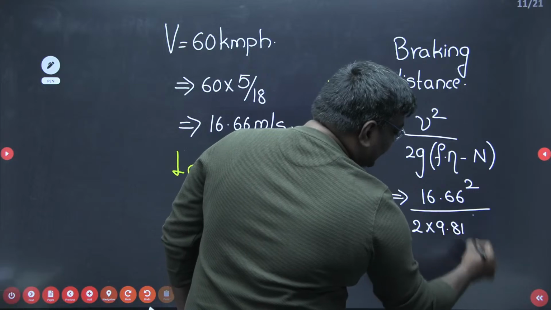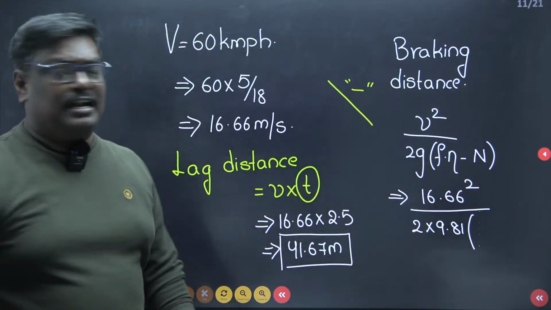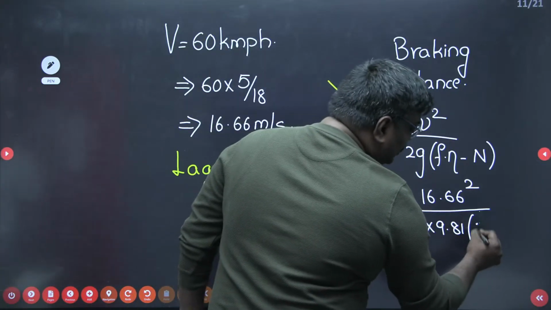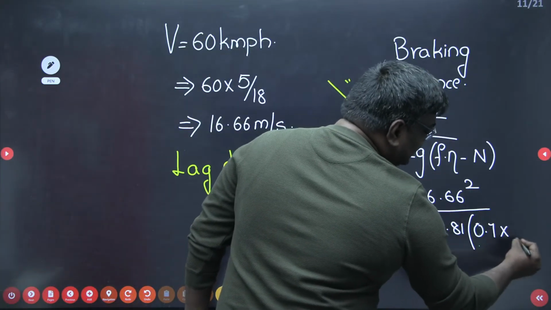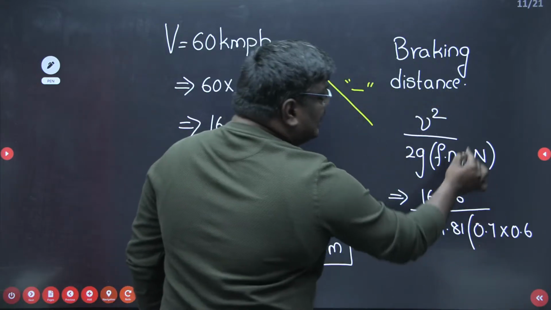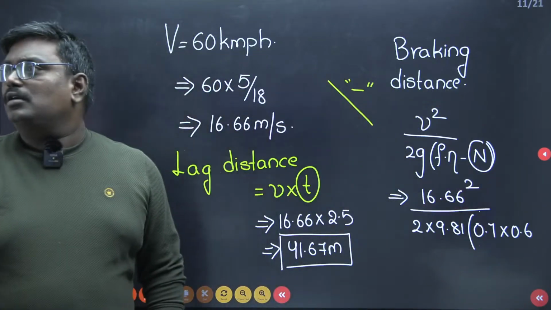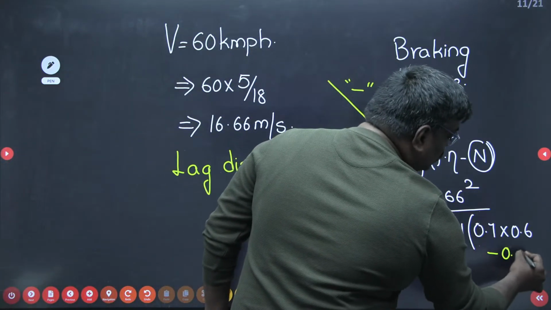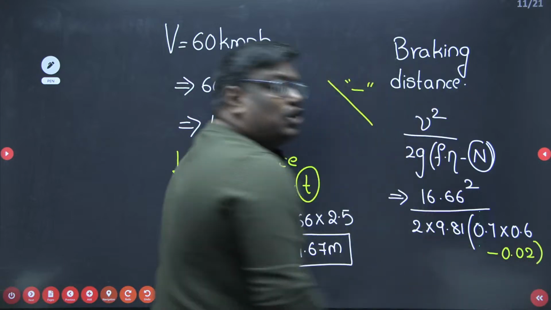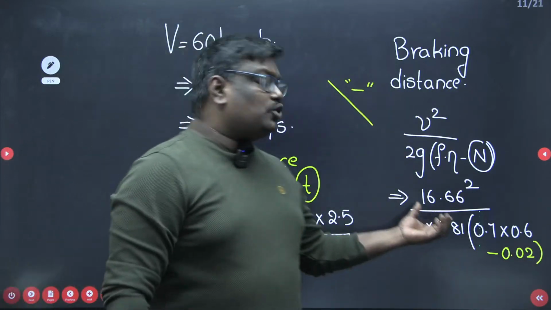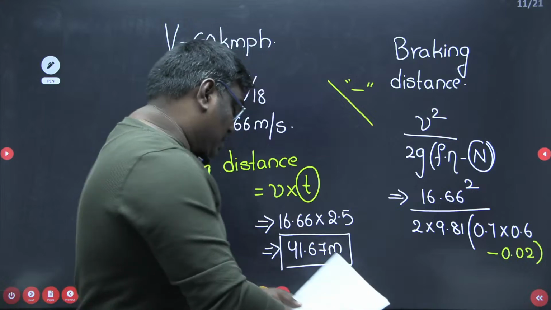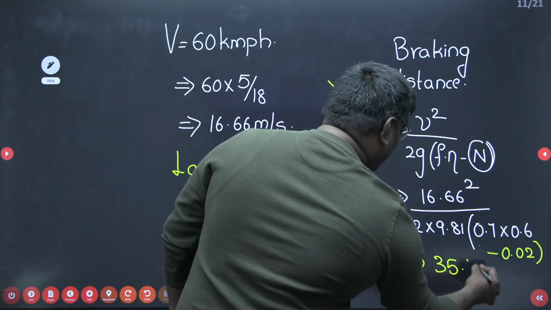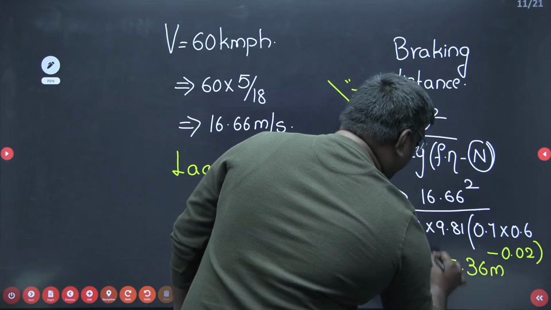Now, my dear students, the coefficient of friction is given as 0.7, the efficiency is given as 0.6, and the gradient is given as 2 percent. So we can take this value as 0.02. So my dear students, on substituting these values, you will get a value of 35.36. How much will you get, sir? You will get a value of 35.36.